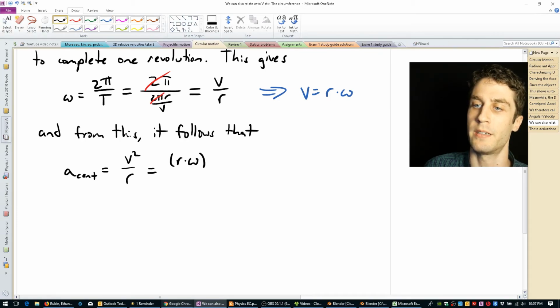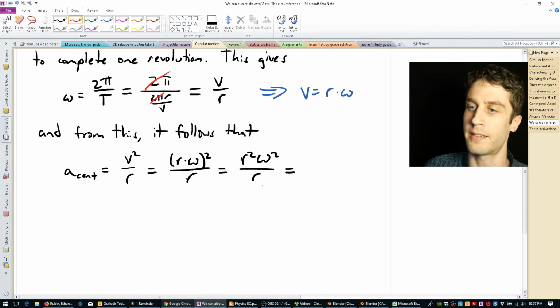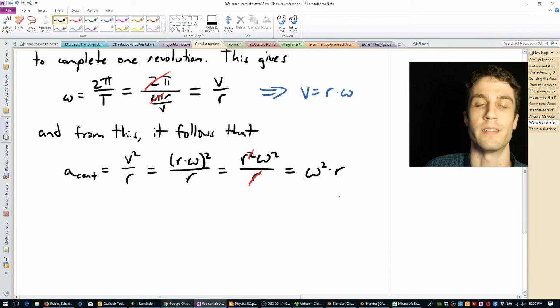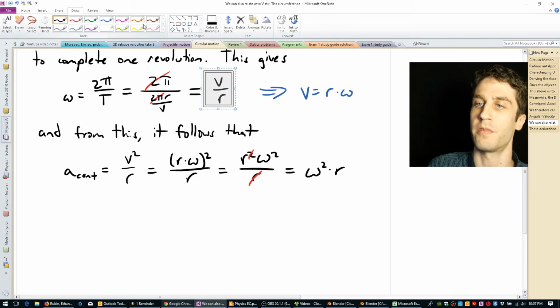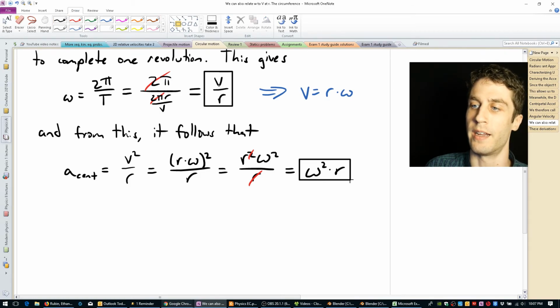R times omega, squared, divided by r, gives r squared omega squared divided by r, and one of these r's will cancel. Typically we write it as omega squared times r, not r omega squared. But yeah, these last two equations are perfectly valid: omega equals v over r, and a equals omega squared r for centripetal acceleration.